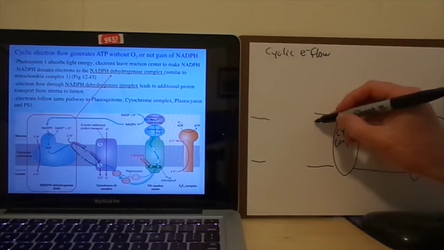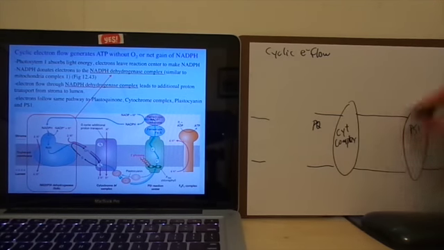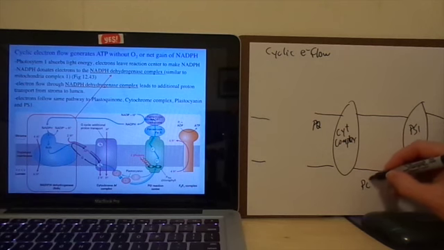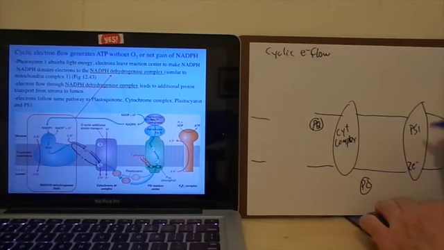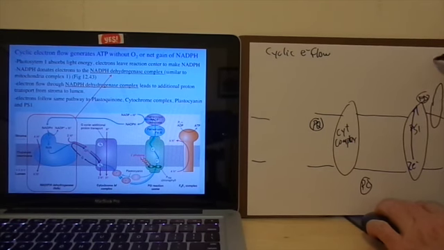You've got plastoquinone. You've got plastocyanin. Right. You've got electrons getting excited here, going up here, and they're getting picked up by ferredoxin. You're making NADPH.